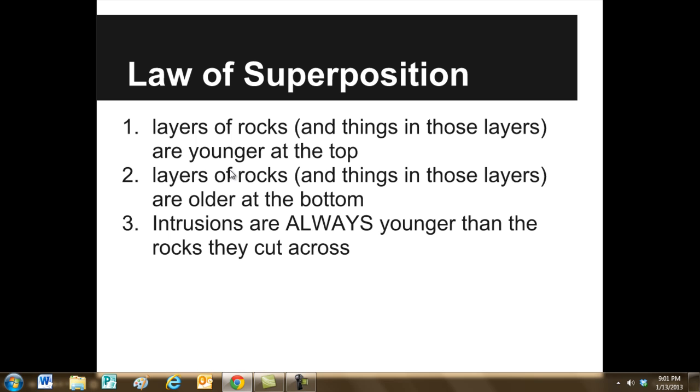The law of superposition. Layers of rock and the things in those layers, such as plants or animals, are almost always younger at the top, and layers of rock and the things in those layers are older at the bottom. This is assuming that they have not been disturbed. Okay?